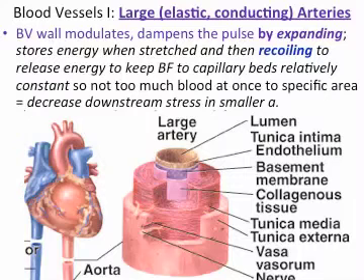And then when that pulse passes through, those large arteries will recoil. They'll change the potential energy into kinetic energy when they recoil. And when they recoil, that allows them to continually send a steady flow of blood downstream to smaller arteries.